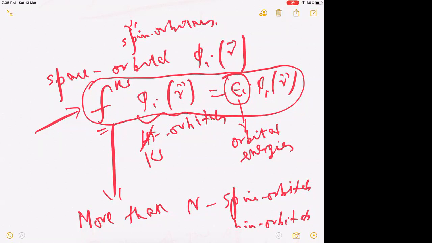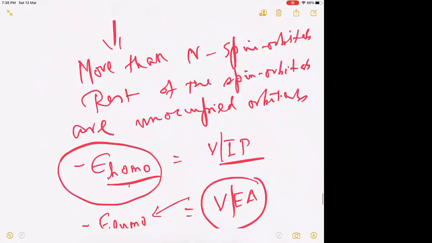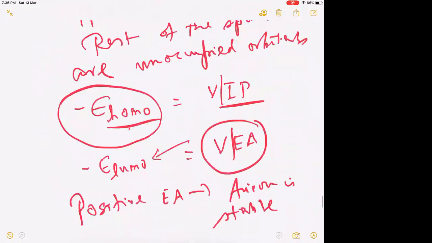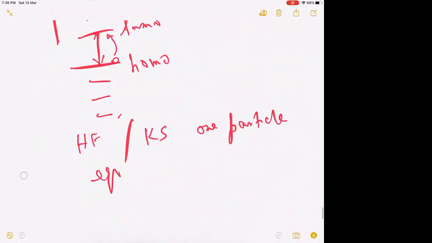This equation, unfortunately, even though it looks very elegant, is very hard to solve for molecules. So either the Hartree-Fock, and this is the same for Hartree-Fock, or the Kohn-Sham one-particle equation is very hard to solve analytically.